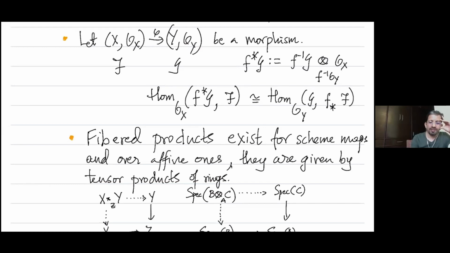And given a morphism between two schemes and given a sheaf G, which is actually an O_Y module, you can pull it back, and that's called f upper star G. We already had one operation, f inverse G, so given a sheaf G, one can pull it back, but that may not pick up an O_X module structure. So therefore, you have to do this. It will automatically have an f inverse O_Y module structure.